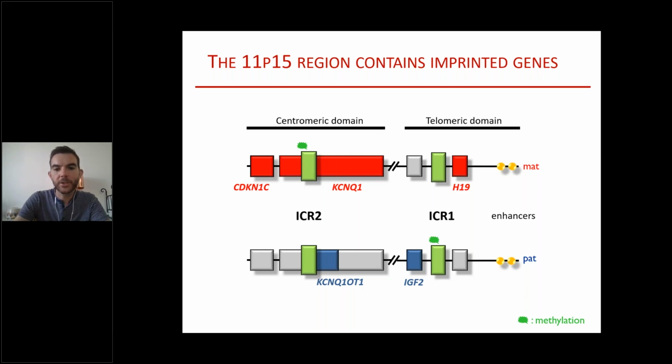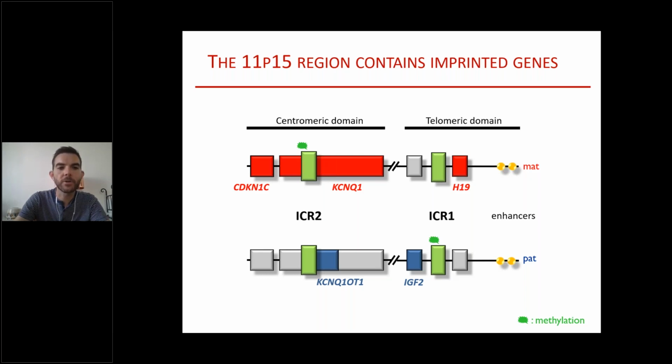In the normal condition, IGF2 is only expressed from the paternal allele, and its expression is controlled by a structure called imprinting center region 1, or ICR1, which in the normal condition is methylated on the paternal allele only. The second domain is called the centromeric domain, and this domain contains the CDKN1C gene.